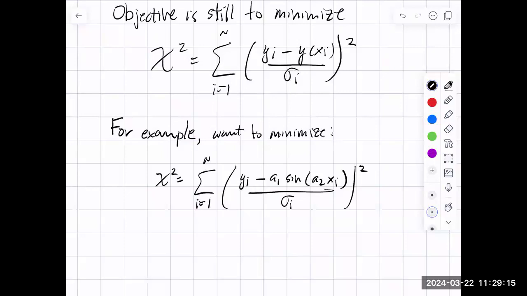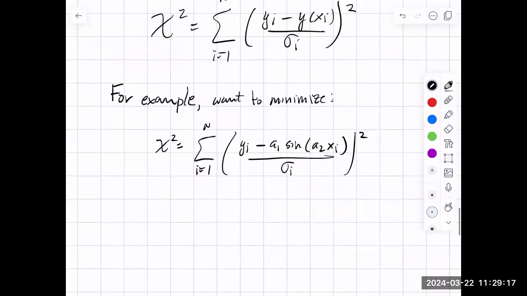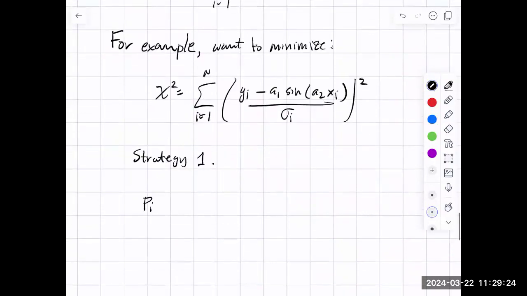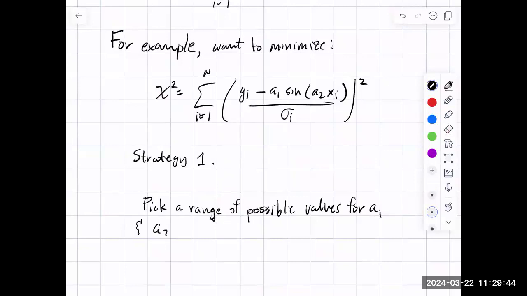Okay, so strategy 1: we just pick a range of possible values for A1 and A2.